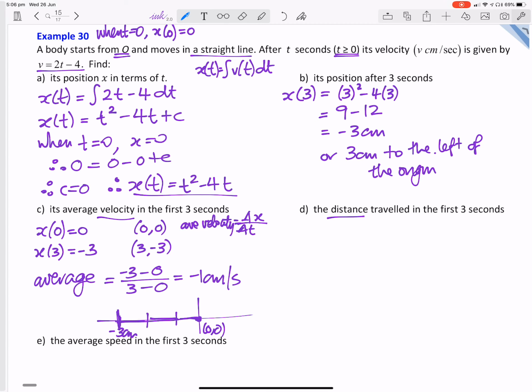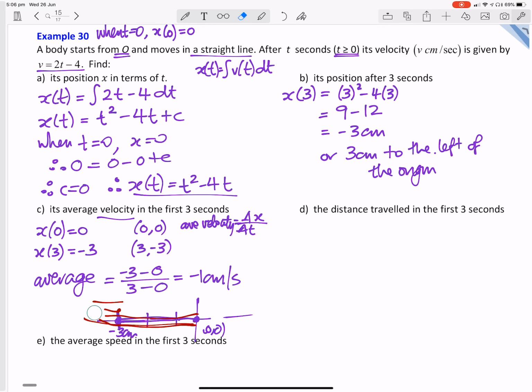Now the next thing it says is what's the distance traveled? So here, if I go from the origin to negative 3, that's my displacement after 3 seconds. If I want to know what my distance is, we've got to work out if the particle has gone up and turned around. Because for distance, everything is positive, so we count that as positive, and going back we count that as positive as well.